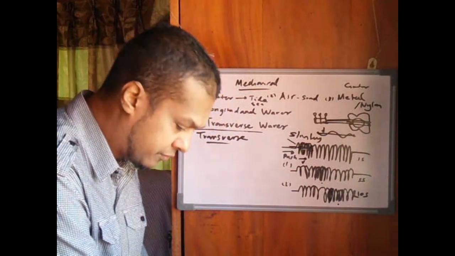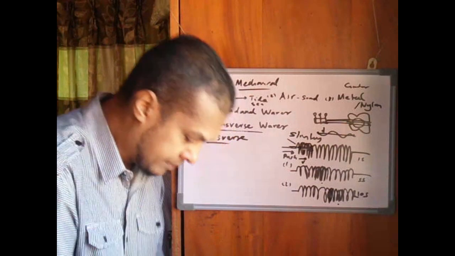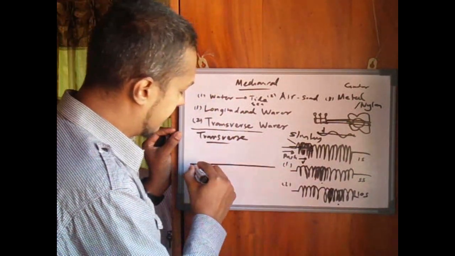The best example for transverse waves is water. Let's look at the water wave like that.